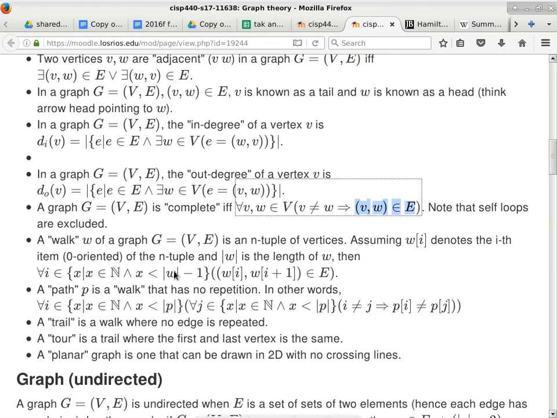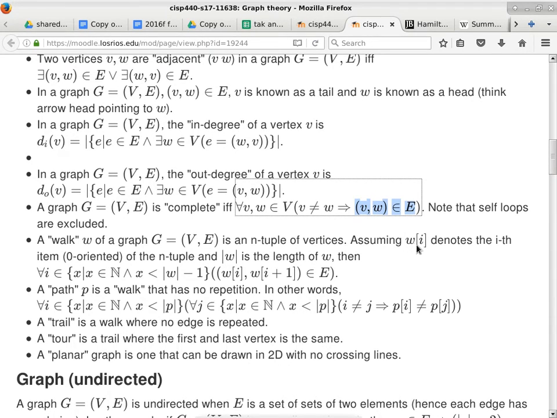Okay? So here come the terms that are a little bit more confusing. A walk versus a path versus a trail versus a tour. The other ones are not so confusing, but these can be a little bit more confusing. A walk W of a graph is an n-tuple of vertices. And I'm borrowing the bracket notation from arrays so that we can designate which one in the tuple we are talking about.